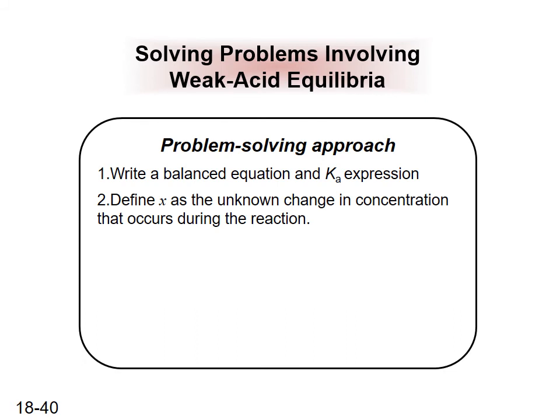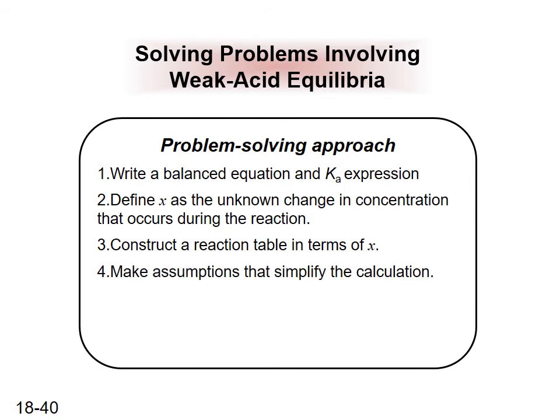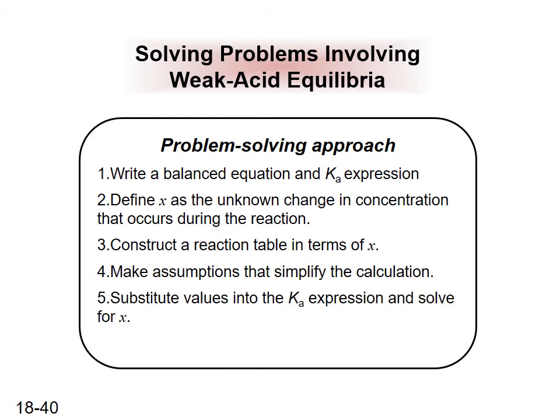We define X as the unknown change in the concentration that occurs during the reaction, and we will use the same skills we learned in the last chapter to construct a reaction table in terms of X. And then sometimes we make assumptions that simplify the calculation. Then we put values into the K expression and solve for X. Then check that the assumptions are justified.